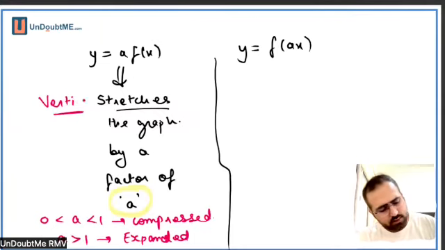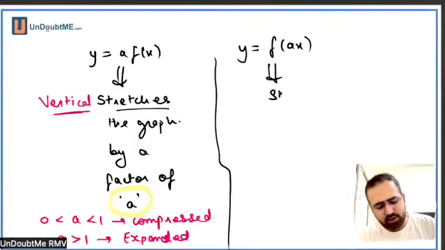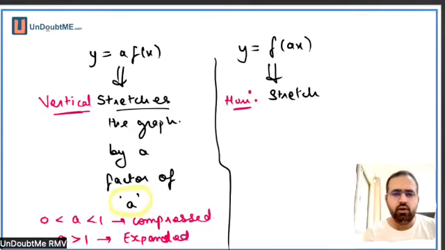Okay, let me just add one more word to the previous one. This was a vertical stretch. Now it will become easier for you to think. Okay, f of ax will be what? So horizontal. It will be a stretch only, but it will be a horizontal stretch.